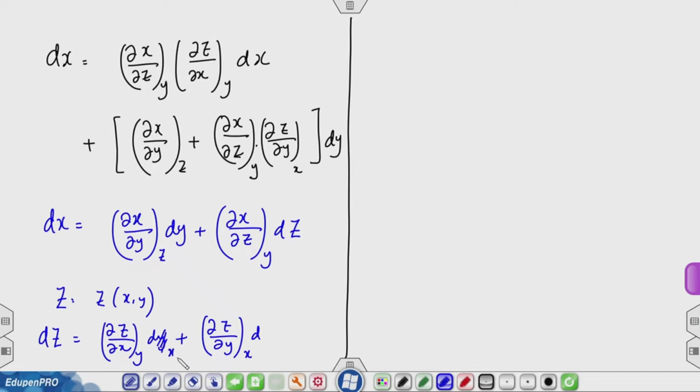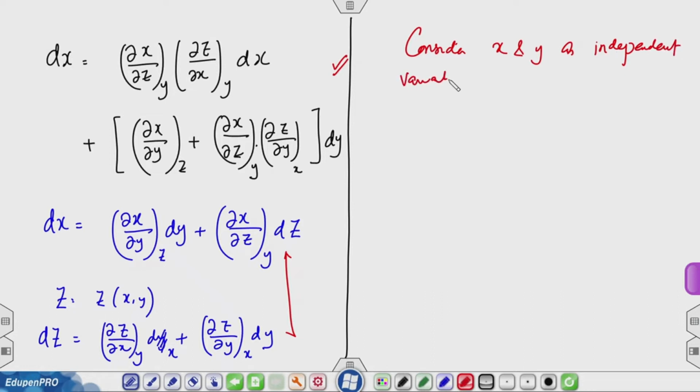Sorry, this will be dx, dy. Substituted this back in here and got the relationship here. Now, again consider x and y as independent variables.